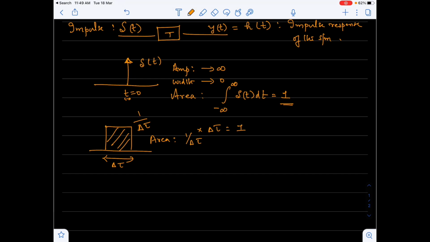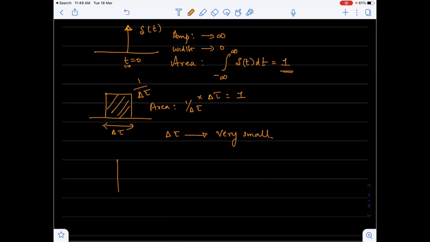What will happen if delta tau tends to 0, that is, I make delta tau very small? The signal will have higher amplitude and a small width. The width delta tau is very small, and the height is 1 over delta tau.